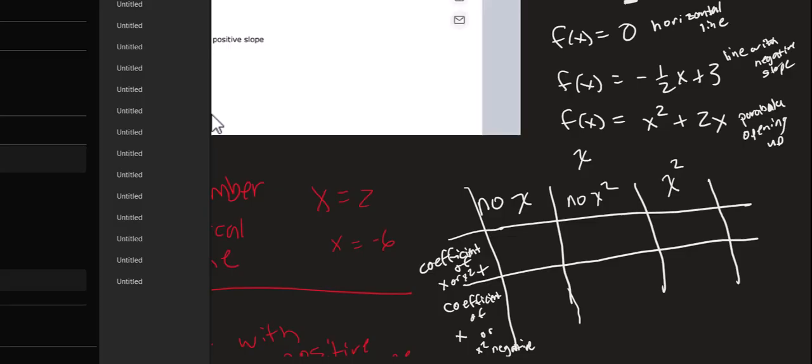So if there's no x at all, horizontal line. There's no x squared, but there is an x, and that x has a positive coefficient like 6x, 1/2 x. That's a line with positive slope.